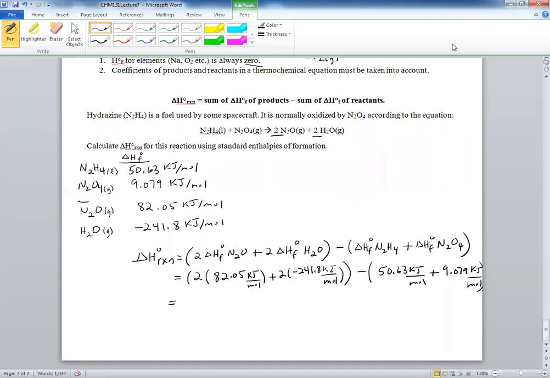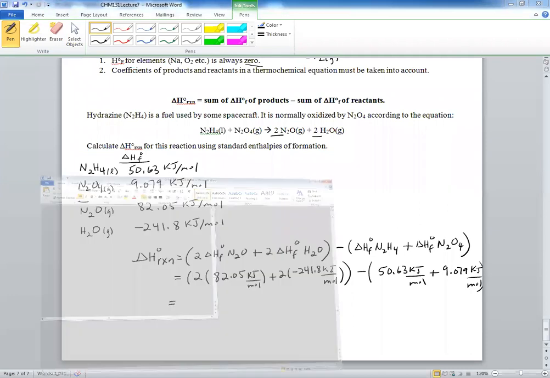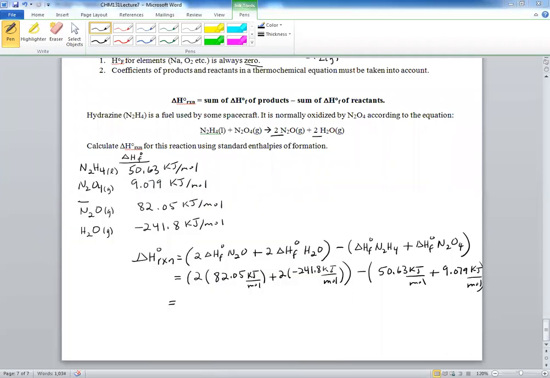So notice the setup here. And if you're writing it as we're speaking, make sure, again, it's written correctly. It's products minus reactants, not reactants minus products. So be aware of that.